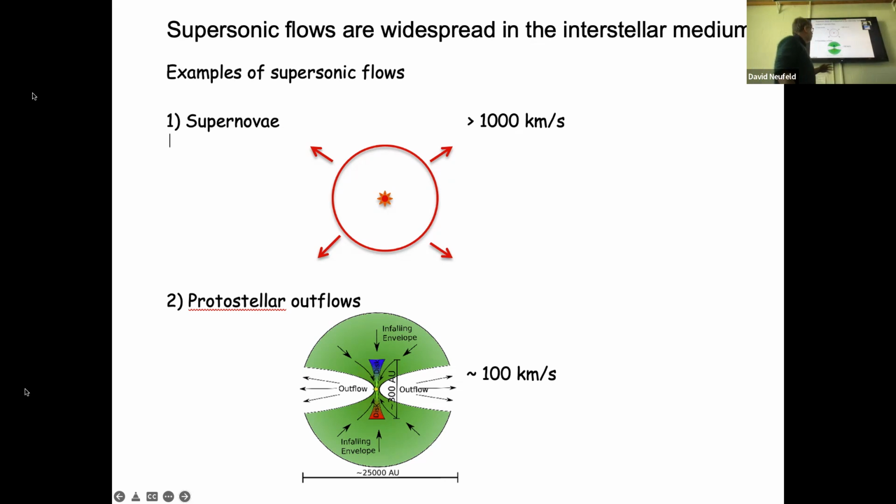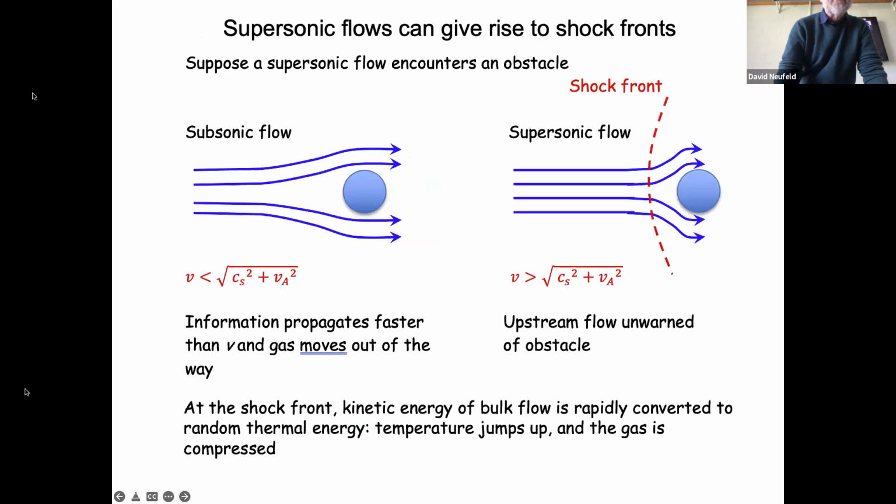While the main story is the infall of material, this is always accompanied, it seems, by an outflow of gas along the rotation axis of the disk, which we call a protostellar outflow. The gas there can be moving at 100 kilometers per second. Both of these are very high velocities relative to the sound speed in cold interstellar gas clouds, which is typically a couple of kilometers per second, as is the Alfvén speed that I'll get to in a minute.